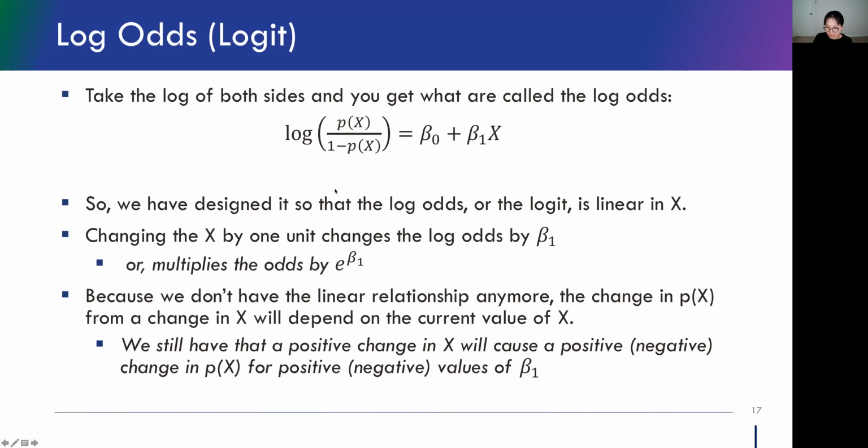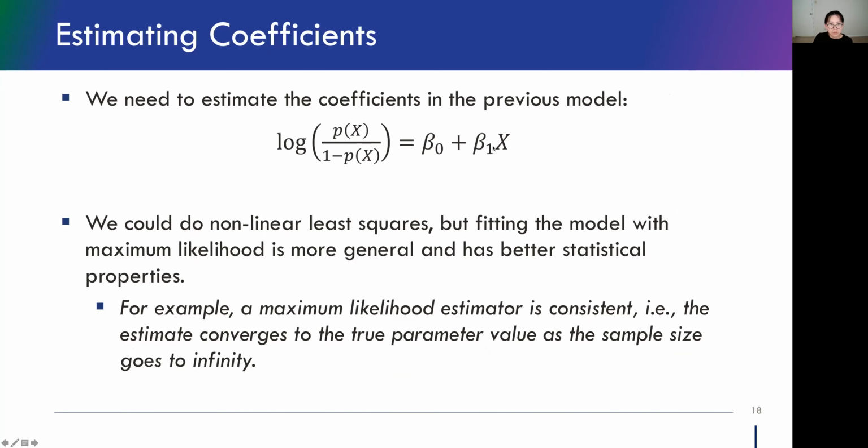Okay, so this is basically the idea behind logistic regression. We are regressing this y, your logit, on x. So we need to estimate the coefficients of this linear model, beta 0 plus beta 1 times x.